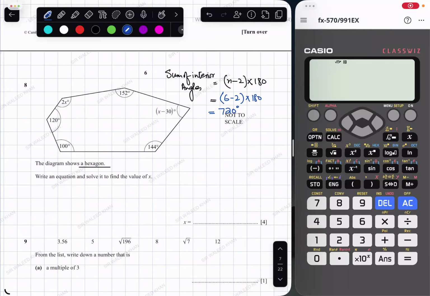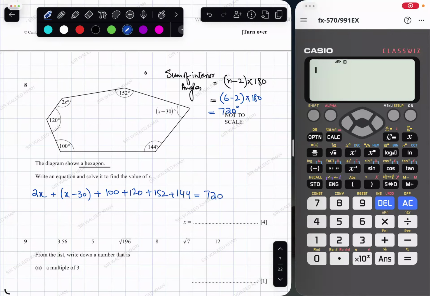All we have to do is add them all up, put that equal to 720 and solve for x. So adding all the angles: 2x plus x minus 30 plus 100 plus 120 plus 152 plus 144. All of them should be equal to 720.